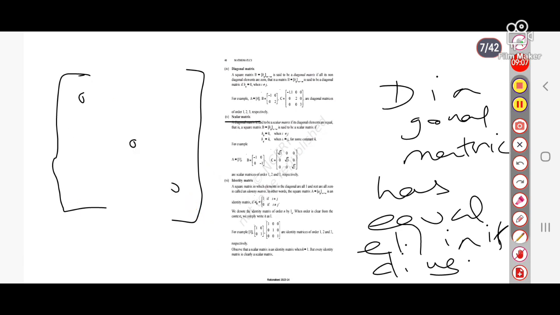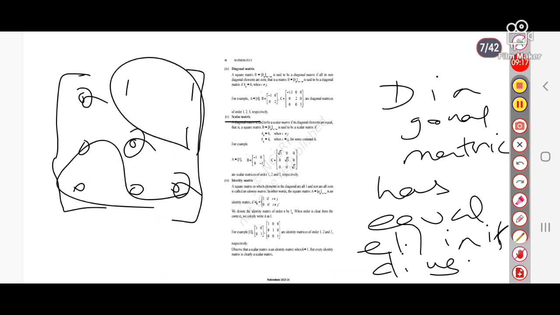This diagonal should be the same irrespective of the other things. Yes, the others are 0, 0, 0, 0, 0, 0.